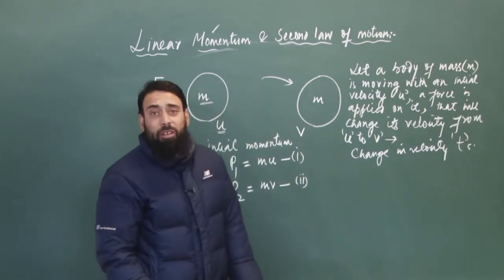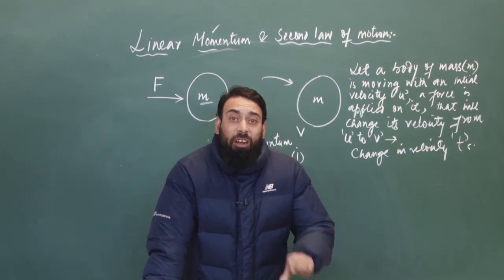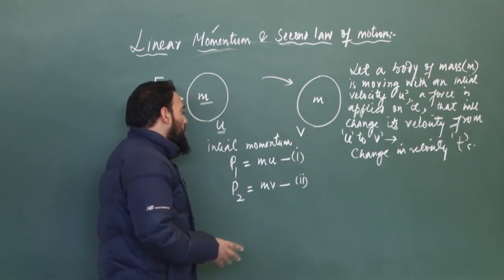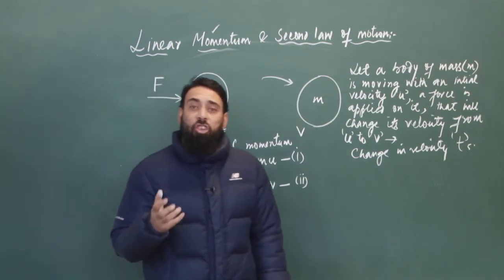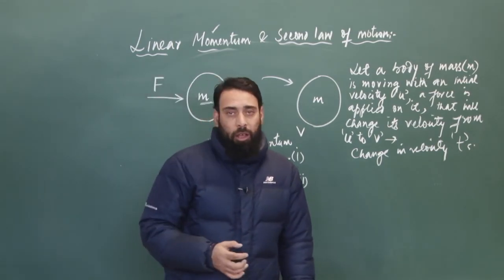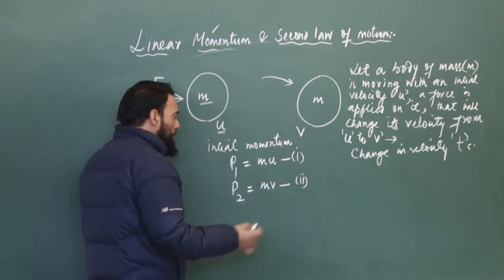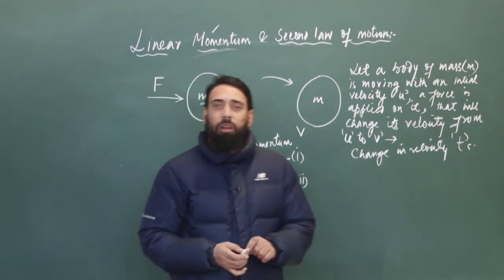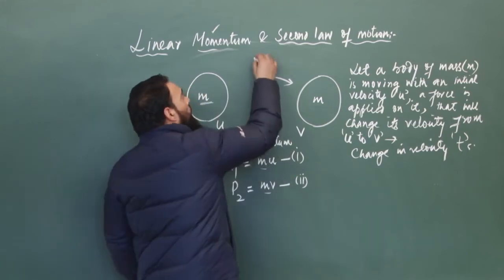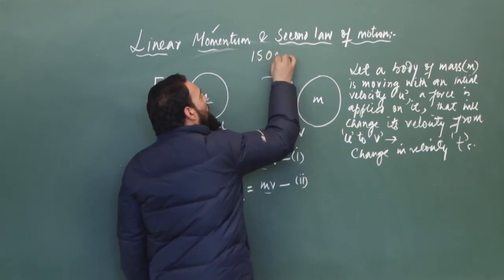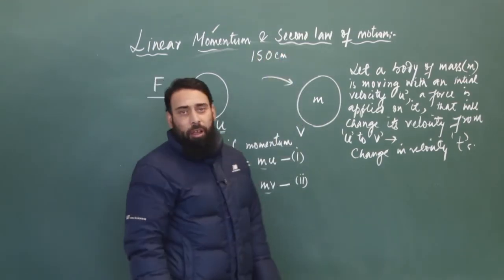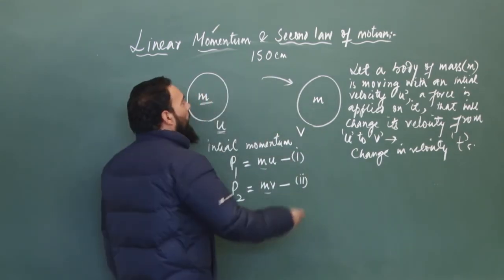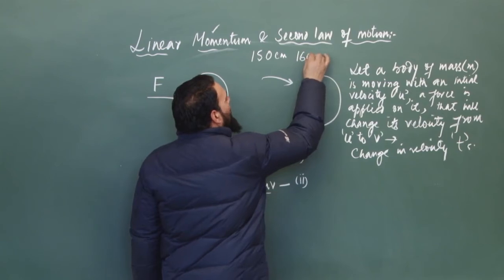To find out the rate of change in momentum, if I ask you what is the change in the momentum of a body, you can easily say, sir, it is simple: the final momentum minus initial momentum. For example, a student is 150 centimeter in class 9th, and when he reaches class 10th his height is measured and is 160 centimeter.